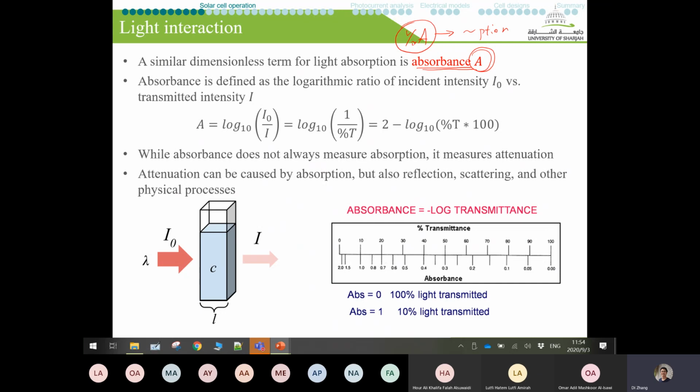Okay, so how do we define absorbance? Actually, absorbance is defined in an even simpler way. It only looks at the input and the output for the material. So assuming this is your semiconductor, we focus just on the input and the output.